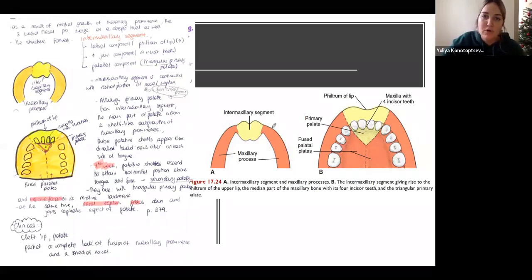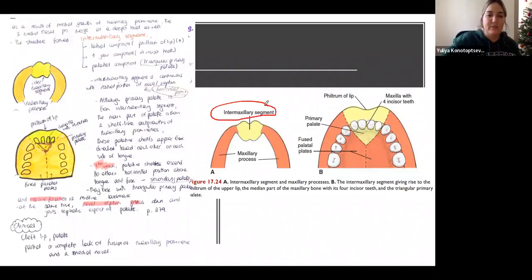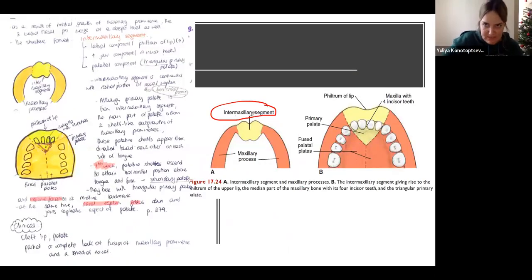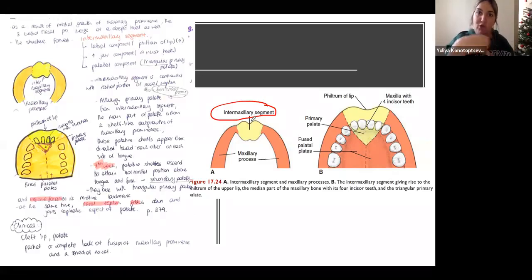There is a new word that they introduce in your book, and this is known as the intermaxillary segment. What is the intermaxillary segment? It is your fused medial nasal prominence, but at the deeper level. So I repeat, the intermaxillary segment is the fused medial nasal prominences, but at the deeper level, so in your mouth.